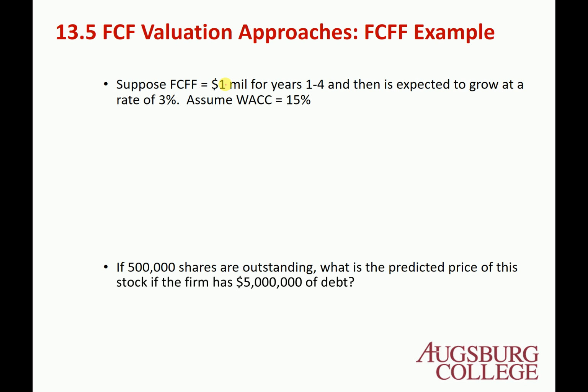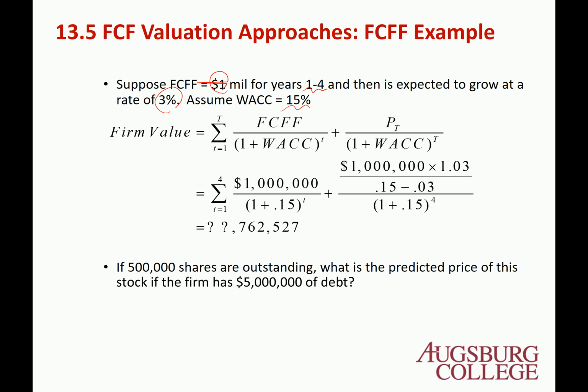So let's see the example. Suppose the free cash flow for the firm is 1 million from year 1 to 4, then expected to grow at 3% after that. Assume WACC is 15%. Then our firm value may be computed by, first of all, the price, say, the value of the firm is the price. We can compute the price using free cash flow for the firm in year 5 divided by WACC minus G, right?